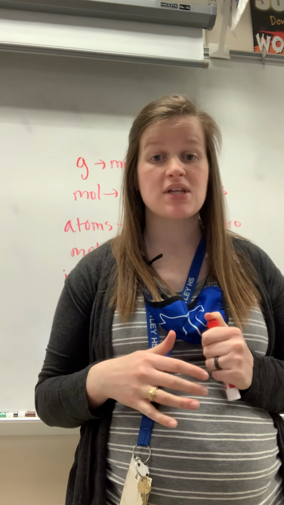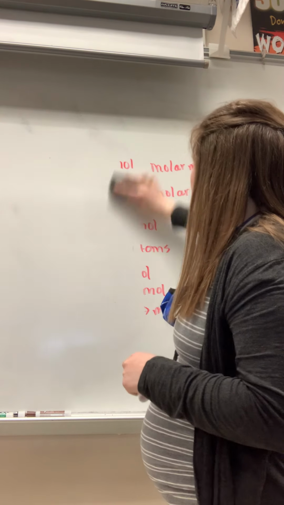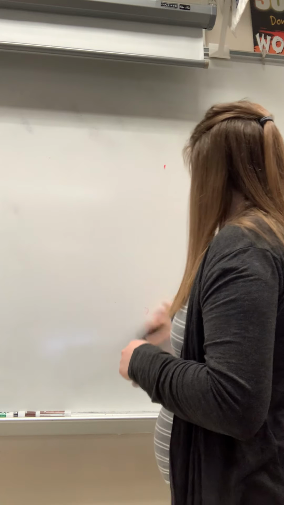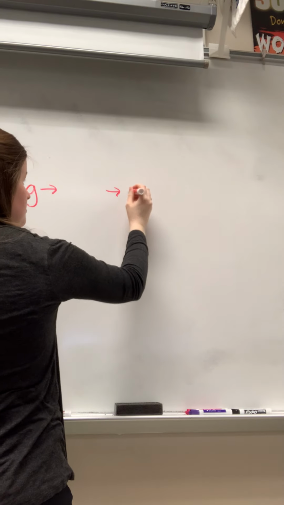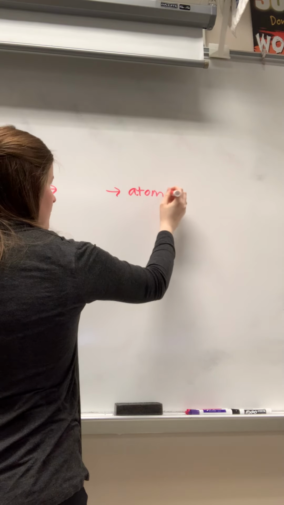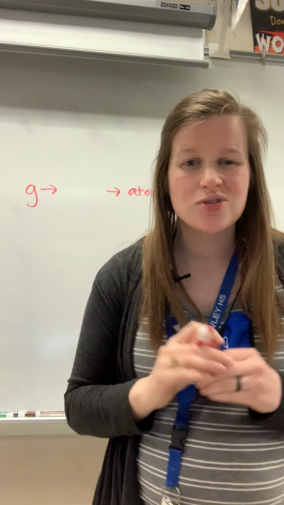Obviously, we can do multiple steps. Y'all learned how to do it with the other stuff. So if I'm going from grams, and it asks me for atoms, the only thing I can ever do with grams is go straight to moles.